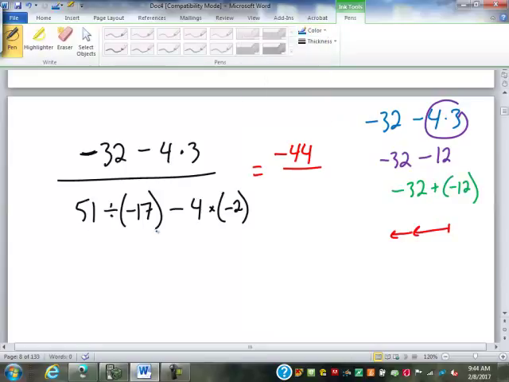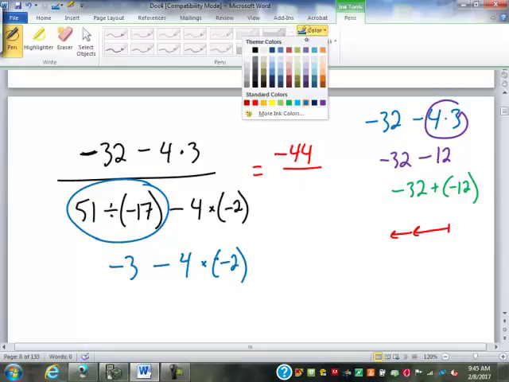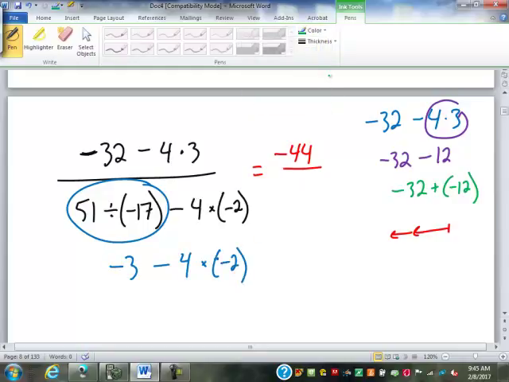Now for the bottom, what do we have to do first? 51 divided by negative 17 is negative 3. Next. Okay, you can do negative 4 times negative 2, or you can do 4 times negative 2, either one.